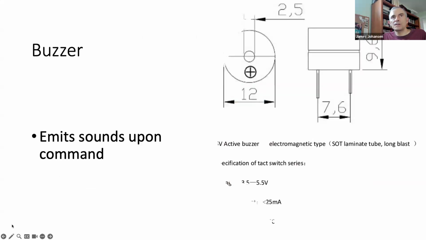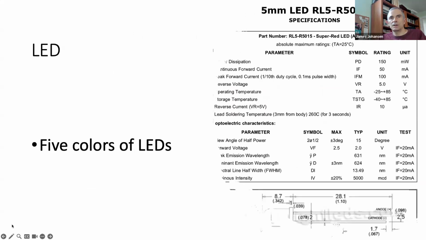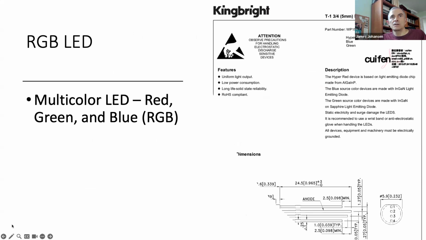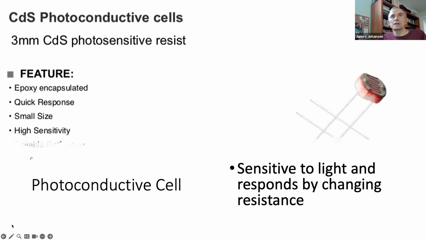I'm not going to go over these now, but these are a snapshot of the various types of things that were in one of the first Arduino kits that I had. You have different kinds of LEDs, the three colored LED. Here is the photoconductive cell.